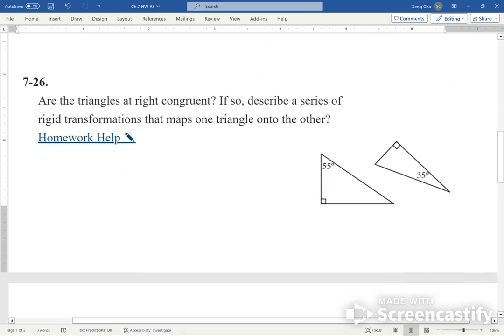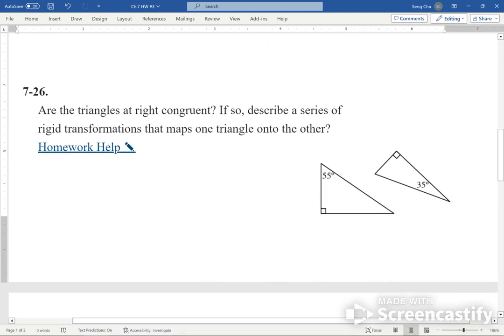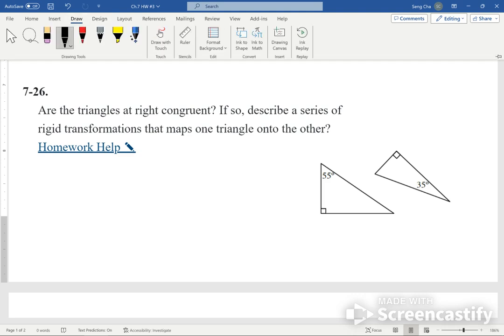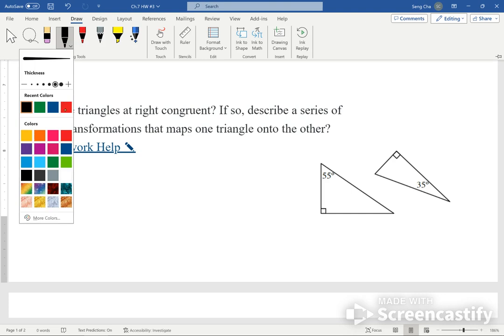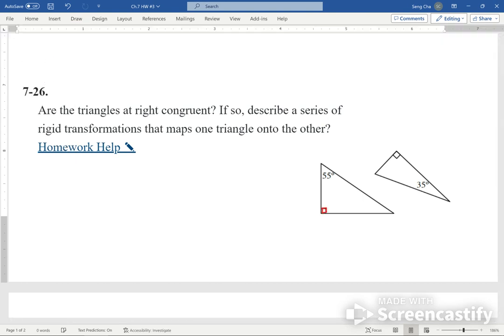Let's look at the next one. Are the triangles on the right congruent? If so, describe a series of rigid transformations that maps one triangle onto the other. All right, so let's look. We might have to find some missing angles. First off, we have that 90 degree angle, which matches with that 90 degree angle.